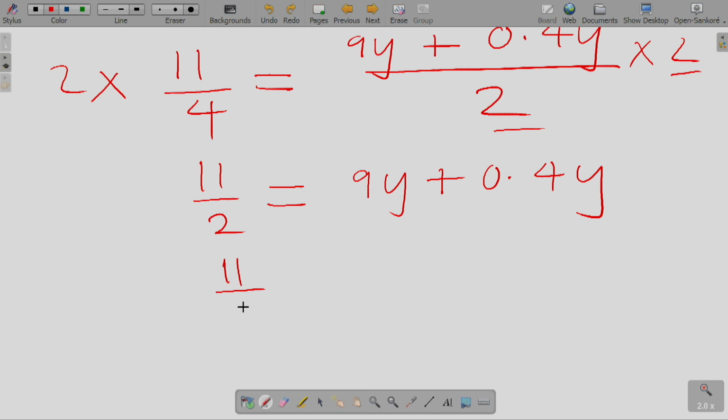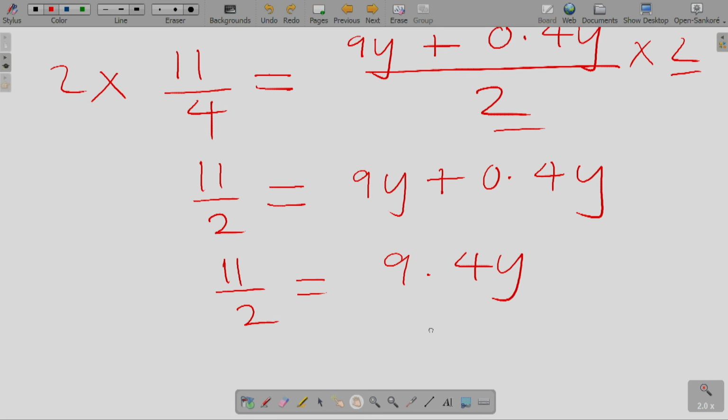So 11 divided by 2 will be equal to 9.4y.